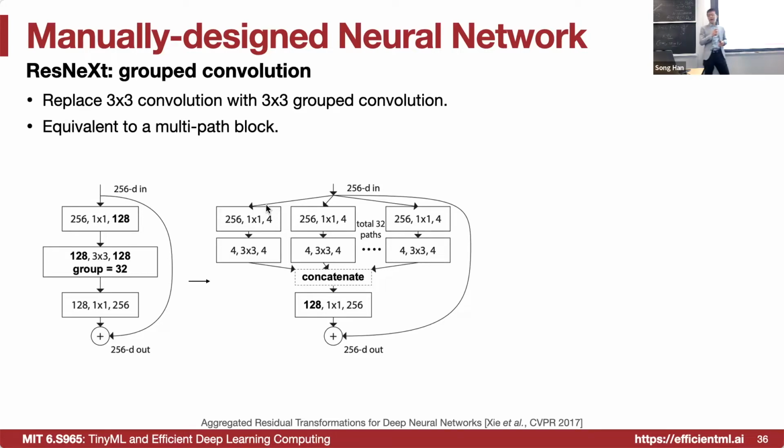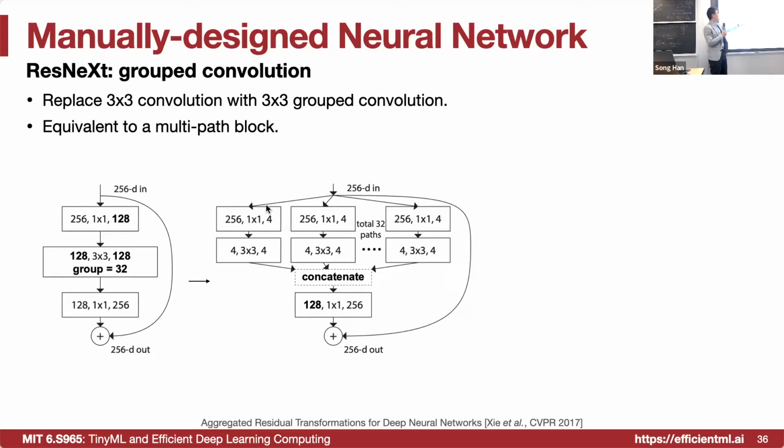If we apply group convolution, we have a much smaller number of channels, only 4 channels, but we have 32 of them. So 4 multiplied by 32, we still have 128 channels. We do such 1 by 1, followed by 3 by 3 convolution separately.